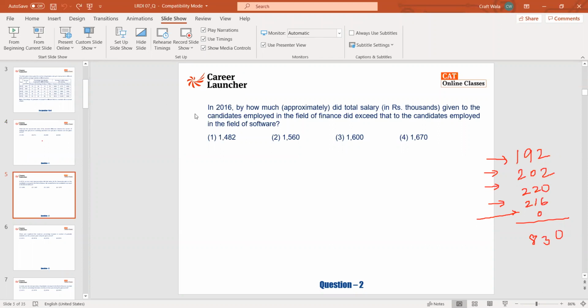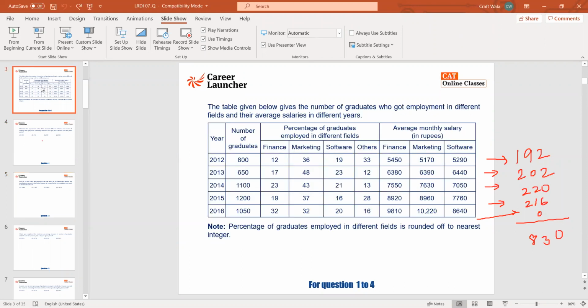By how much approximately in 2016 did the total salary given by employed in finance exceed to that employed in software? So total salary to finance and total salary to software, that is what I need to calculate. In 2016, finance will be what? 98 into 32, right?